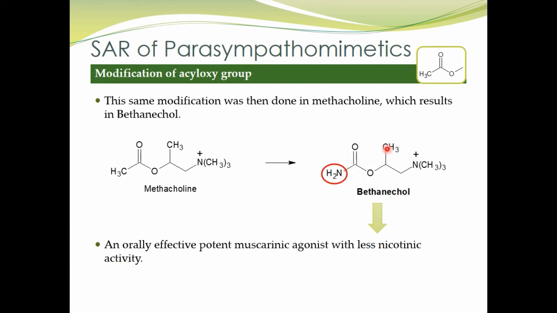Bethanechol has both advantages: it has a beta methyl group, so it is a selective muscarinic agonist, and instead of a methyl group here, it has an amino group, so it is less readily hydrolyzed, so it is orally given and a potent muscarinic agonist. So nicotinic side effects are less with bethanechol.